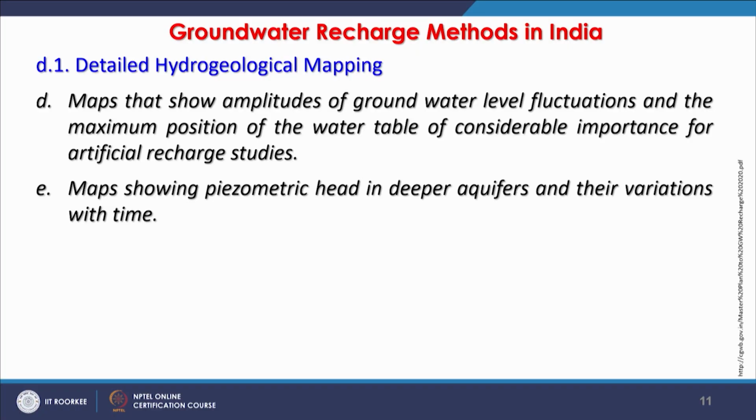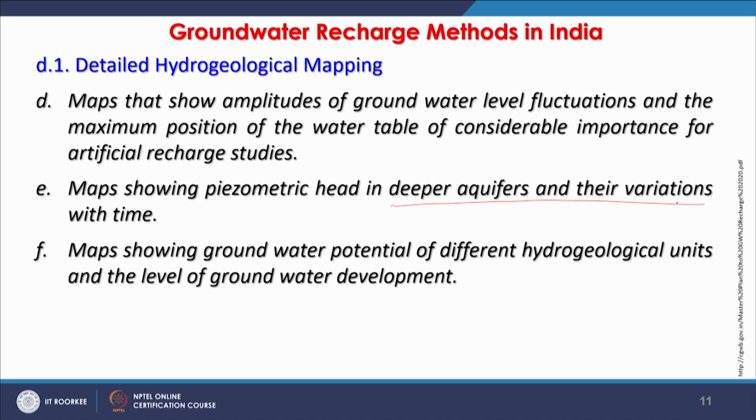A map is required which will show the piezometric head in deeper aquifers and their variations with time, if all this information is available. Sometimes such detailed information might not be available. Further, we require the groundwater potential of different hydrogeological units present in that basin or area, and the level of groundwater development, how much exploitation of groundwater is taking place in a particular basin, watershed or area.